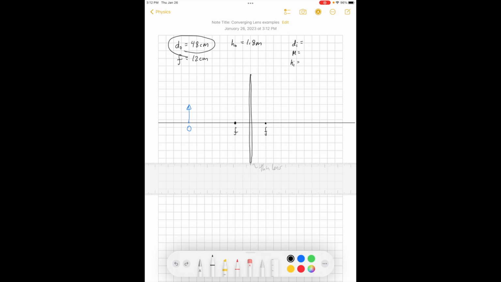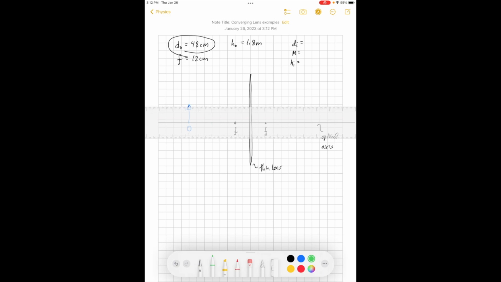Remember that this here is the optical axis that cuts right through the center of the lens. I'm going to draw a line that goes parallel, and I'm going to draw it from the top of this object, okay?